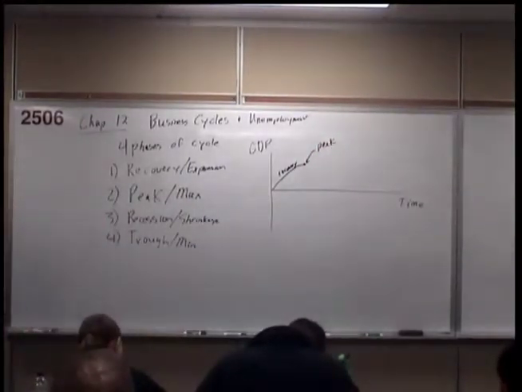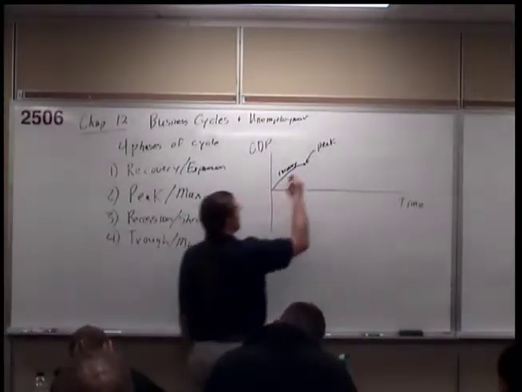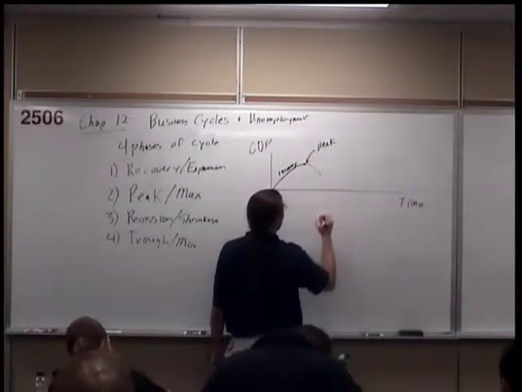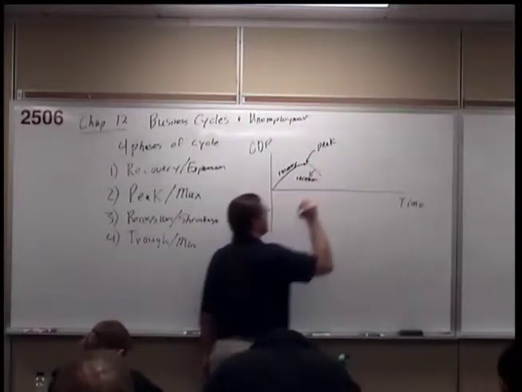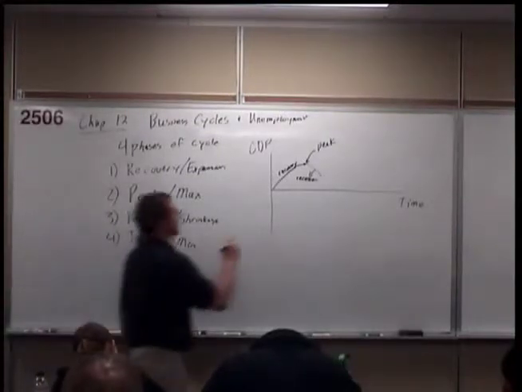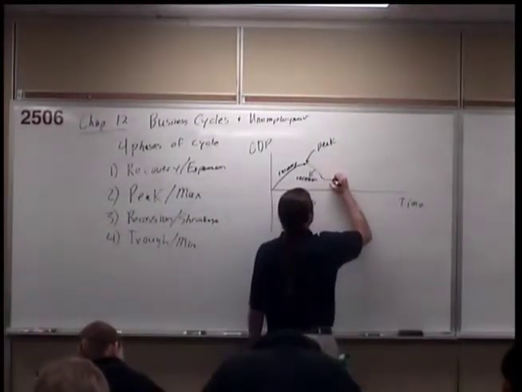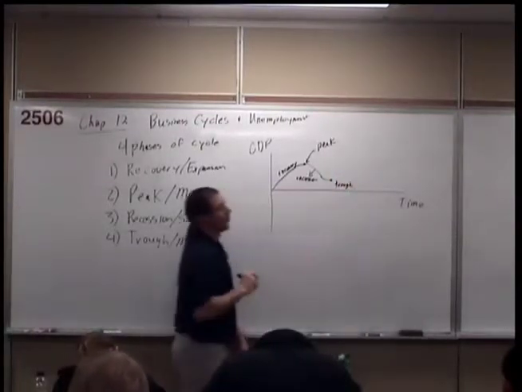We hit the maximum growth that we are going to get, and now we start going down. So here we start into our recession. And the economy starts shrinking. For a certain amount of time, the economy will shrink, and then it will hit the bottom, or the trough, if you will. Great word.